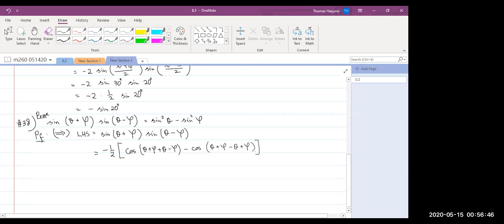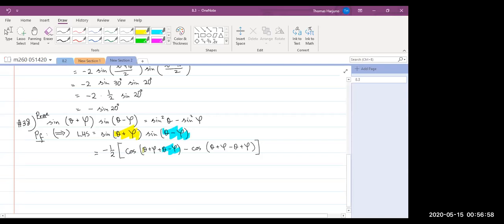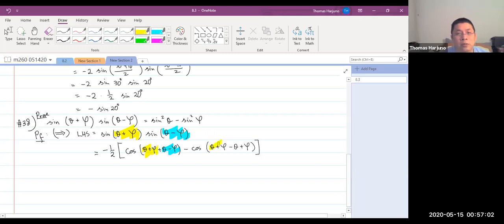I didn't know we can do all four at once. Yeah, just consider this blah and this is blah. Oh, okay. Thank you. So this is blah minus blah. And then that's negative 1/2 of cosine 2 theta minus cosine 2 phi.